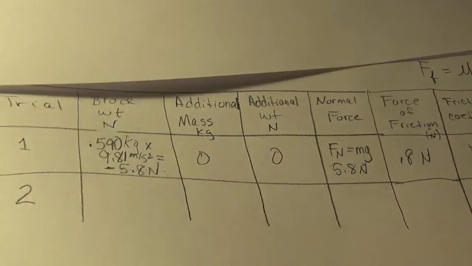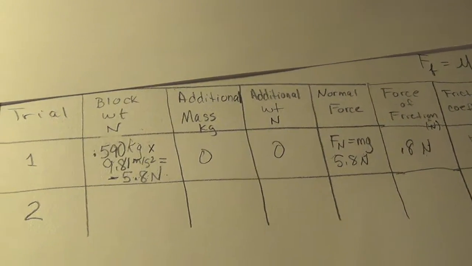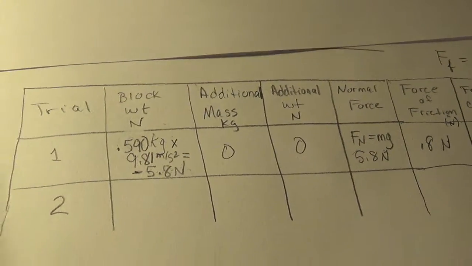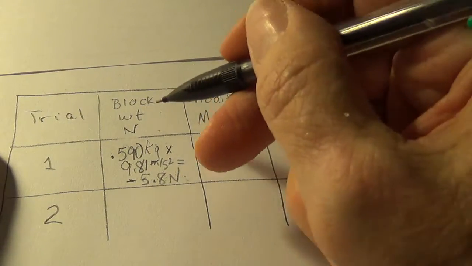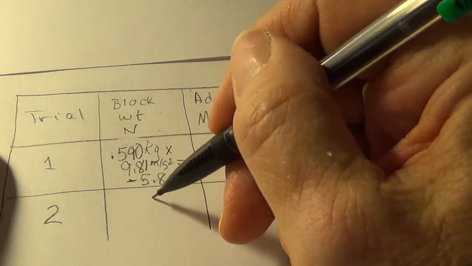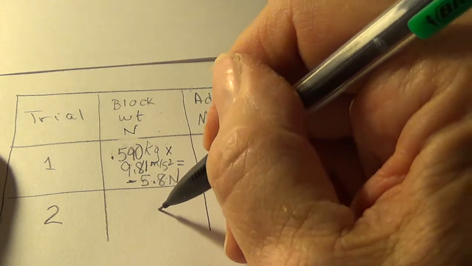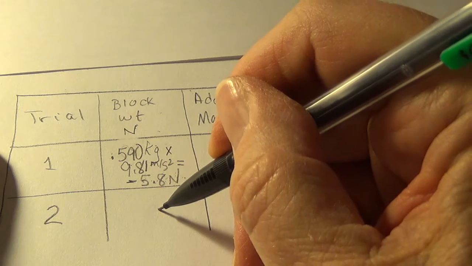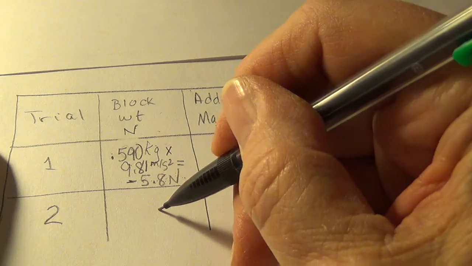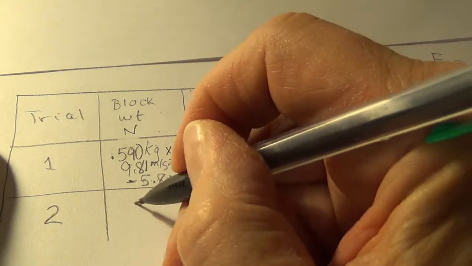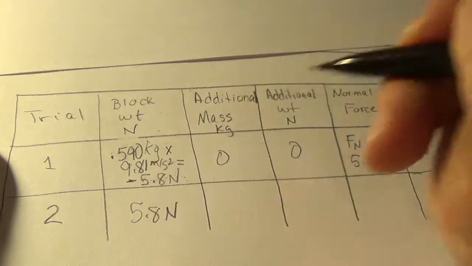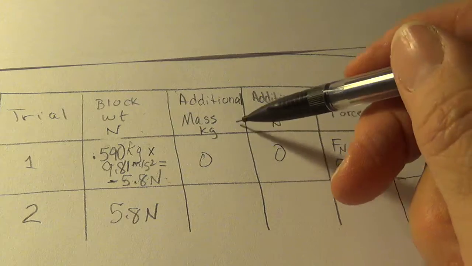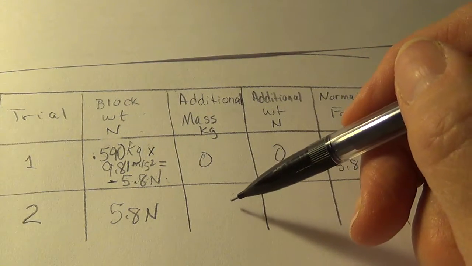All right, and then you'll have 5 trials to do, and I'll discuss the second trial, and you'll know what to do for the rest of the trials. You'll go back to the block weight again, which is going to be the same for every trial. So the block weight, if it was 5.8 here, it's going to be 5.8. The block isn't going to change in its weight between trials. But then you're going to add some additional mass.